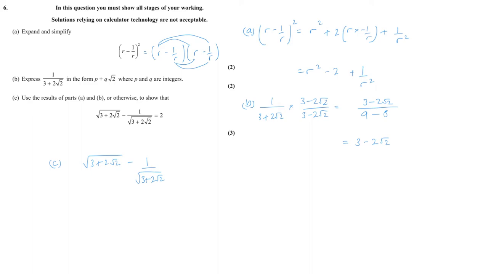So what we want to do is square that, because if we square that, we've got this, and this equals this. So this is going to be r squared. If r is the square root of 3 plus 2 root 2, r squared is just going to be 3 plus 2 root 2, minus 2, plus 1 over 3 plus 2 root 2. So I'm just substituting into here.